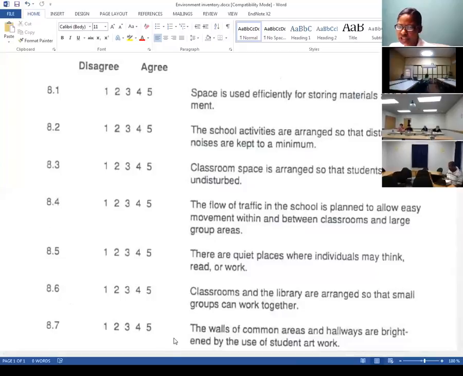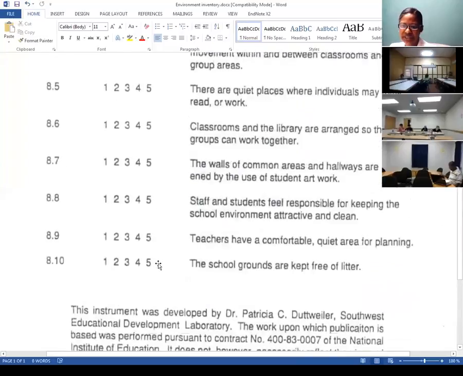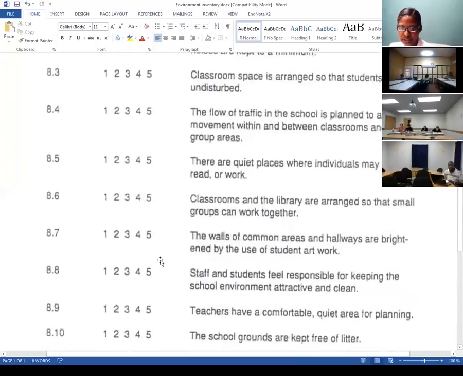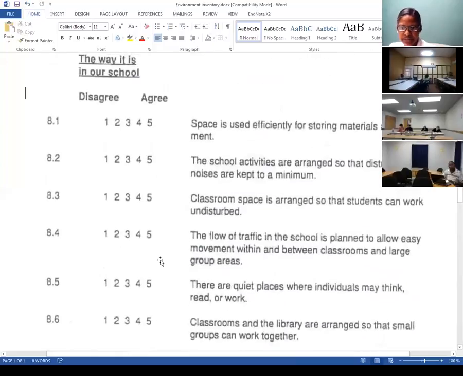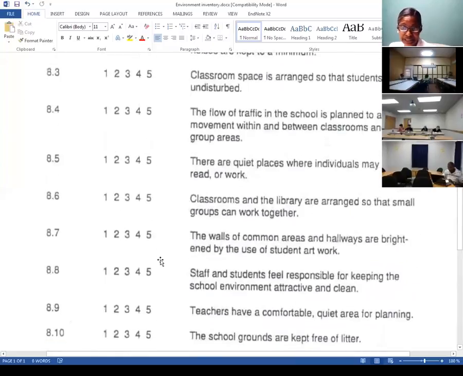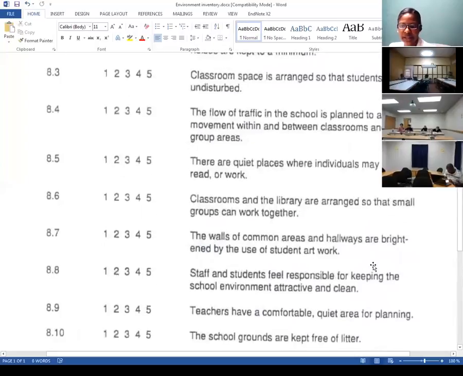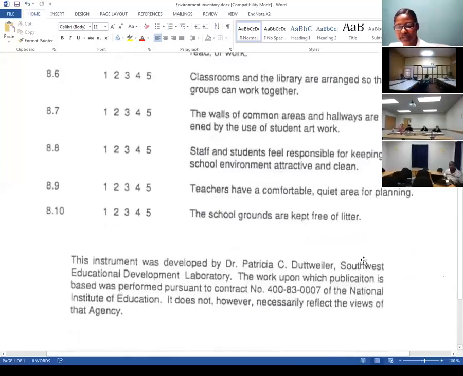So what we're doing is just looking at the different ways in which schools can be assessed in their physical environment. This is just one way, and this is really global. Whether within the classroom, that the classroom itself is clean, that the areas of the school are clean, that the teachers have a comfortable place for planning, that libraries are well resourced, that there's equipment and material.